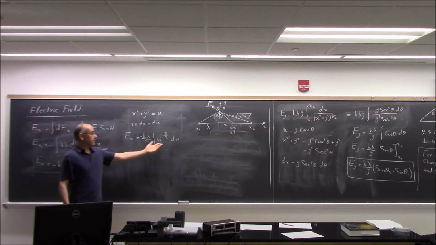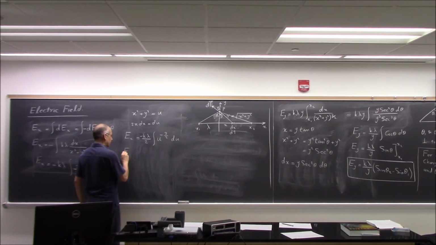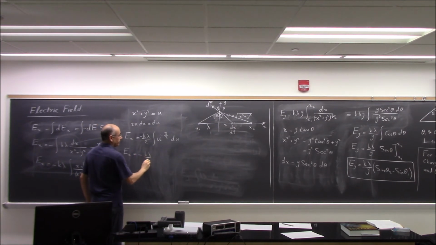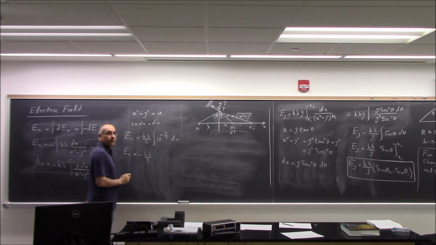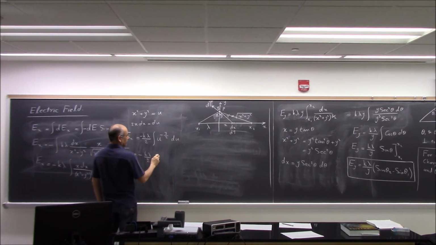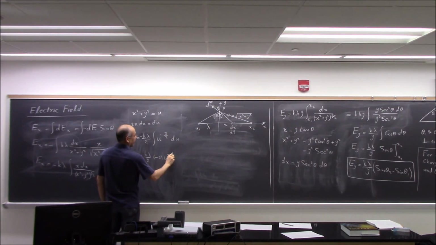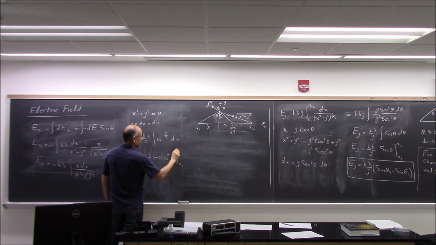And now, what is the integral of this? Negative k lambda over 2. And this is u to the power negative 1/2 divided by negative 1/2, right? So it is negative 2 u to the negative 1/2, evaluated between x1 to x2.